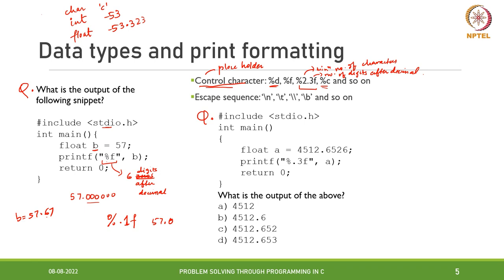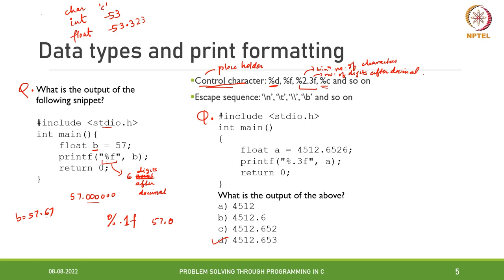Are you sure? I feel the answer will be option D. No, but there is a catch here. It rounds it up. Whenever you are doing print formatting, say here I'm saying that I need three digits after the decimal, and hence I write percentage point three f. What it does is it looks at the digits after that. If it is higher than 5, it will round this up to 3.